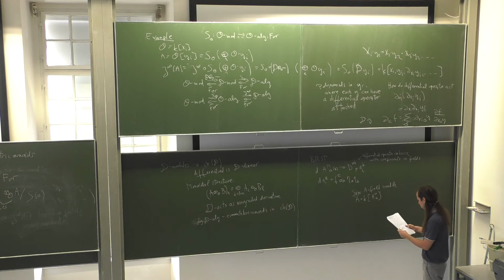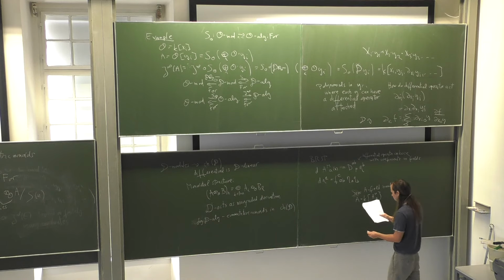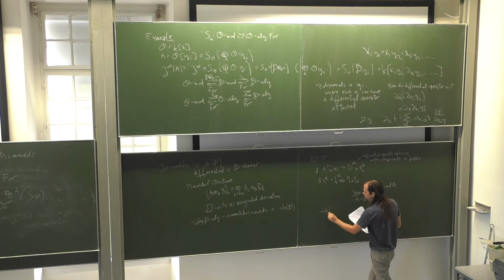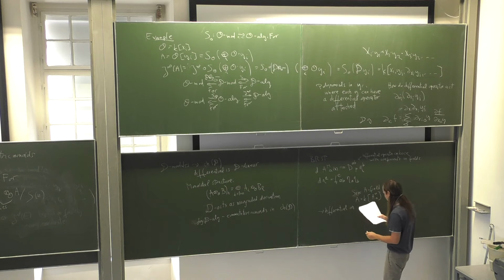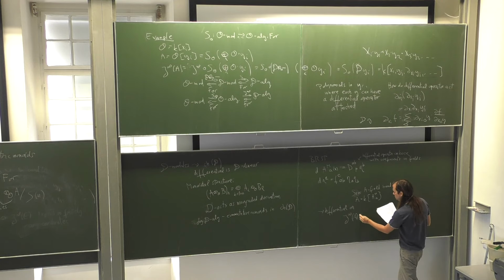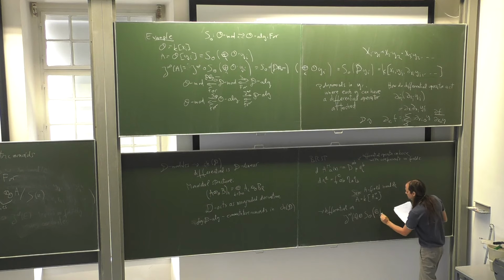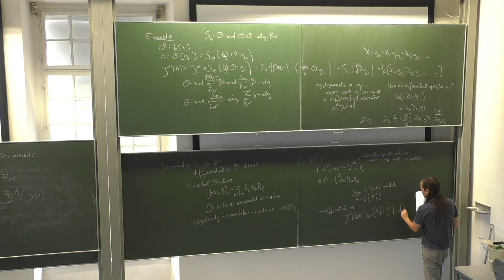And this differential becomes a differential on the infinity jet of A tensored with the free D-module generated by d times dB, with the differential.